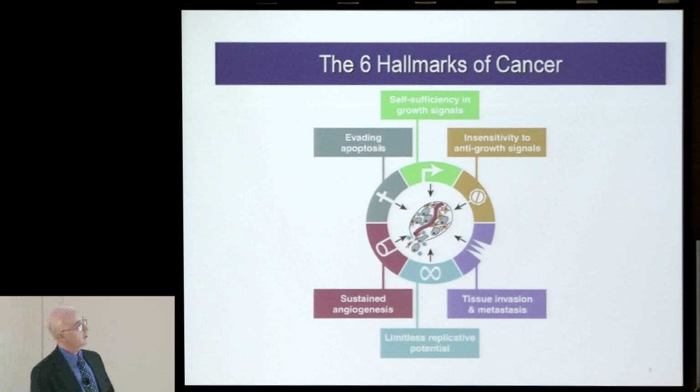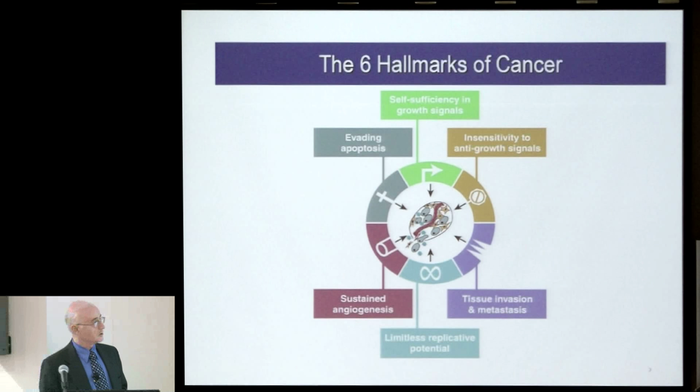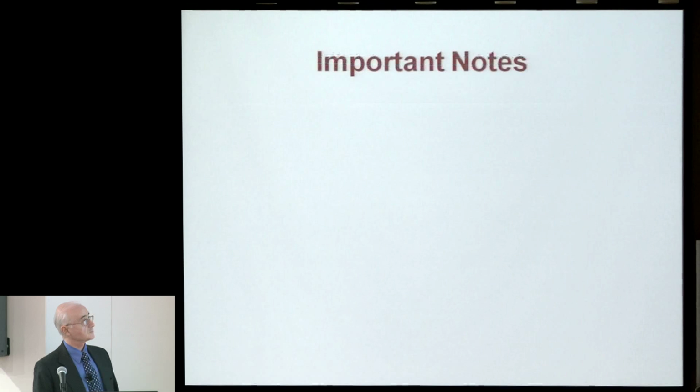And then evading apoptosis. This is something it simply ignores; it doesn't go through apoptosis, meaning cell death by itself. So the cancer cell will not die. So there are 6 hallmarks, 6 indications of a cancer cell line which affects our body.